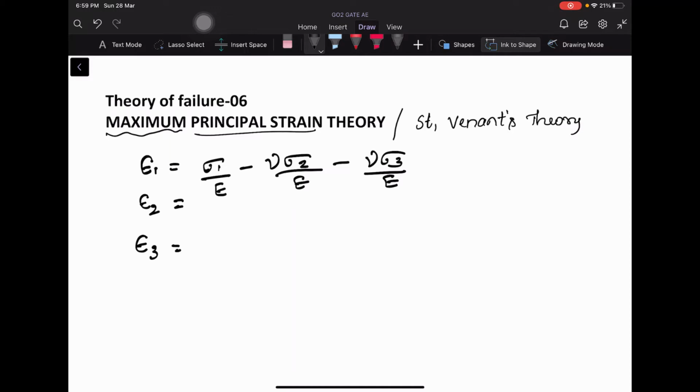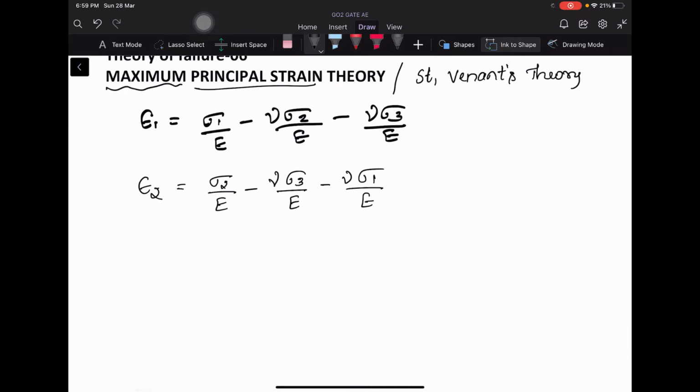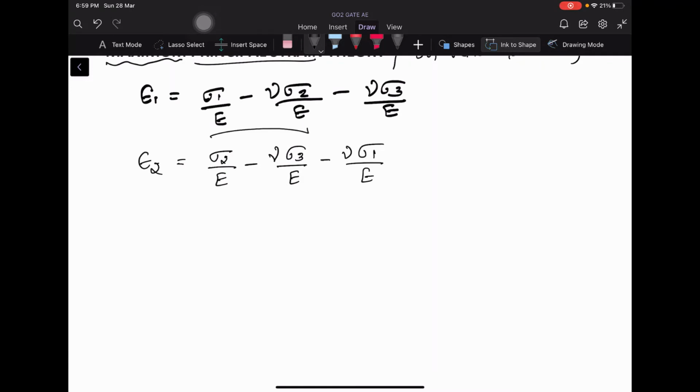In the same way, epsilon 2 is given by sigma 2 divided by E minus mu, sigma 3 divided by E minus mu, sigma 1 divided by E. You can write the same for epsilon 3. So this is the formula for your principal strain.